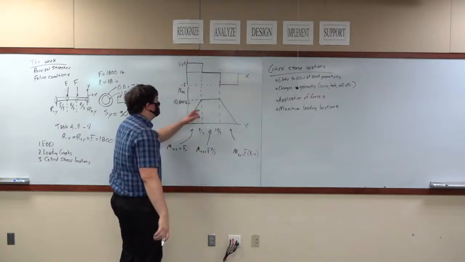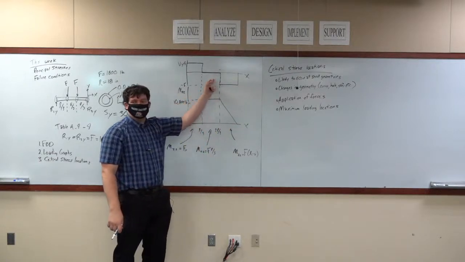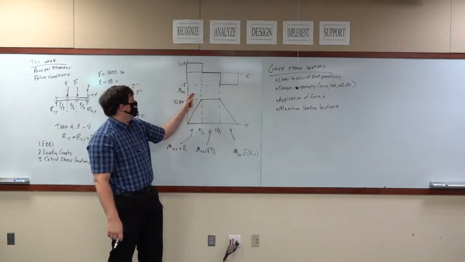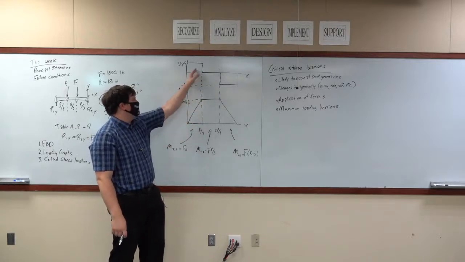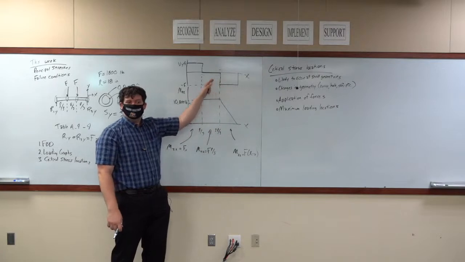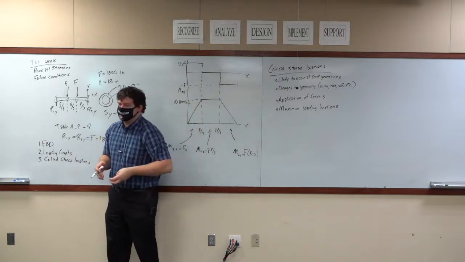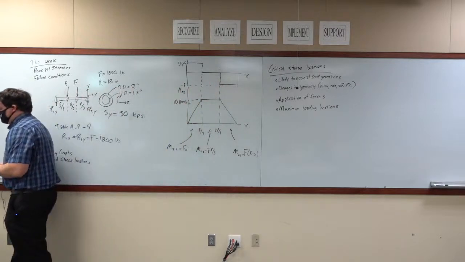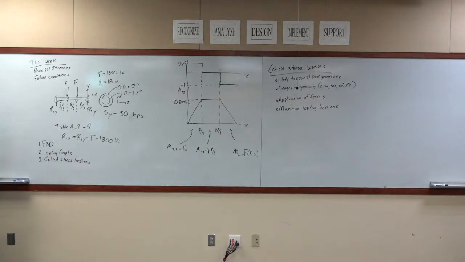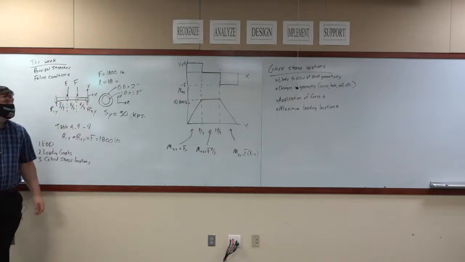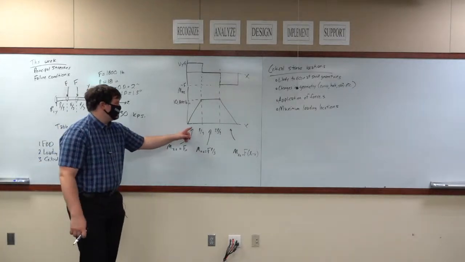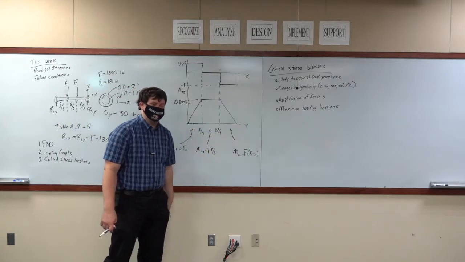Which ironically, this is not a maximum value, while this is. And this is not a maximum value, while both this is. So they kind of peak at different spots. So that's interesting. We're looking at these 4 locations also. These are critical spots to look at.